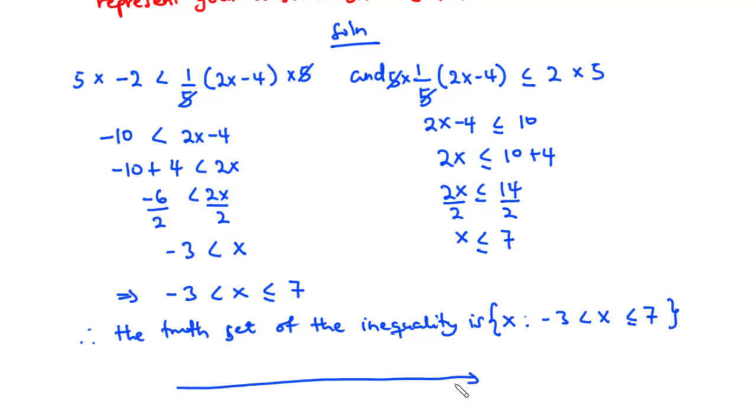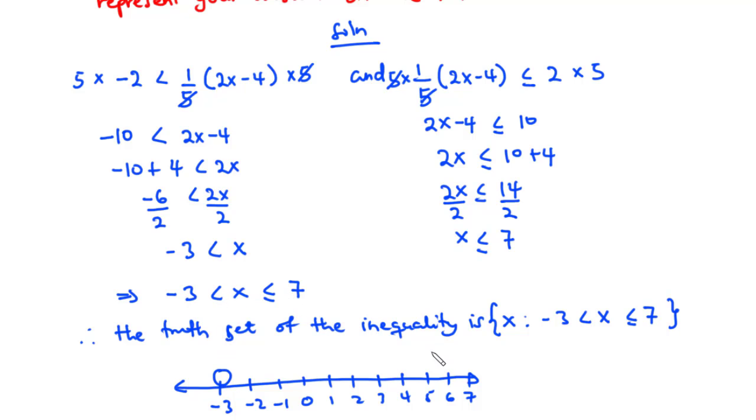Now representing our solution on the number line, this is -3, -2, -1, 0, 1, 2, 3, 4, 5, 6, and then 7. Less than, so we have an open circle.